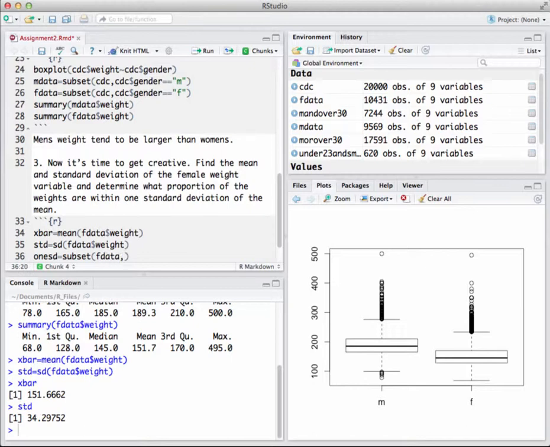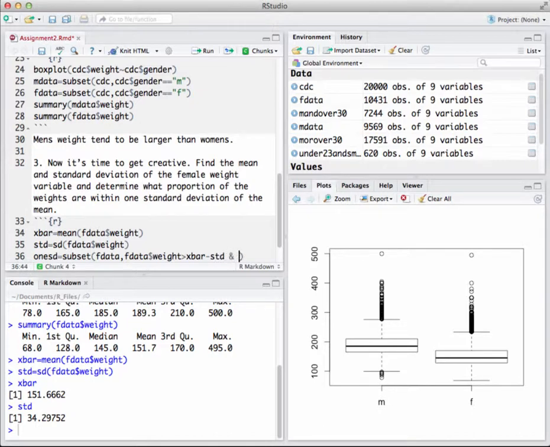And what we want to do is take the female data weight, and we want to gather those weights so that they are above that lower number. So that's greater than, well, what did we call it? x bar minus STD.